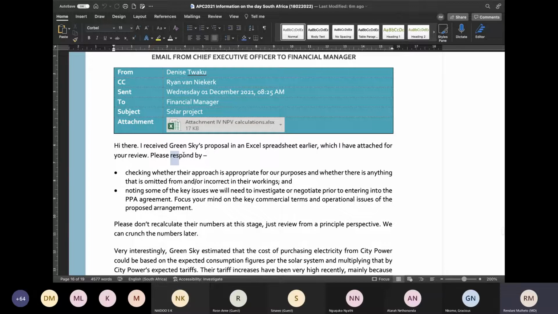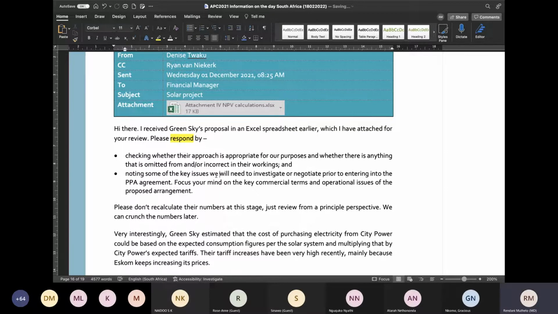Please respond by checking whether their approach is appropriate for our purpose, and whether there's anything that is omitted from or incorrect in their workings.